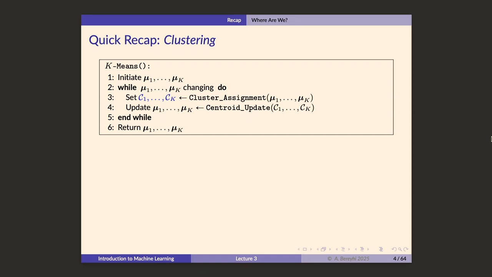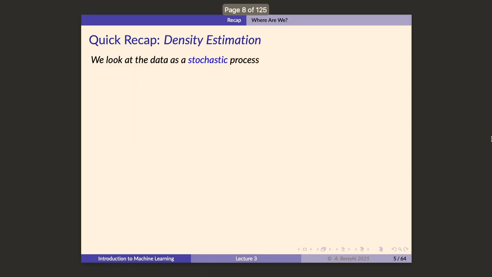Do the cluster assignment, and then shift everything to the center of the clusters that you have specified on your data set, and repeat this over and over till you don't see any update. And this was the idea. This was a kind of learning algorithm because it starts from the data you have and then gives you back the model, which is basically those centroids, right? So that was the problem of clustering.